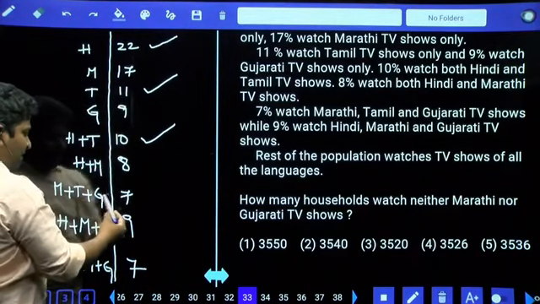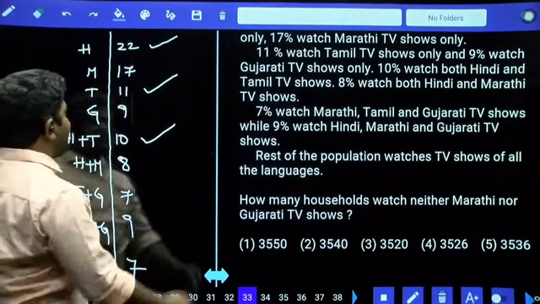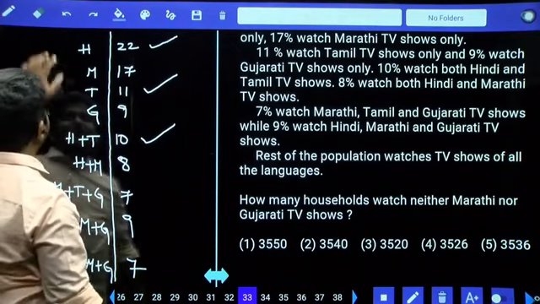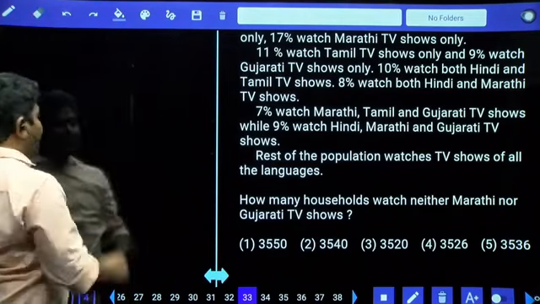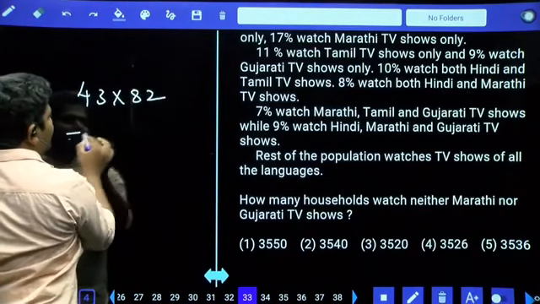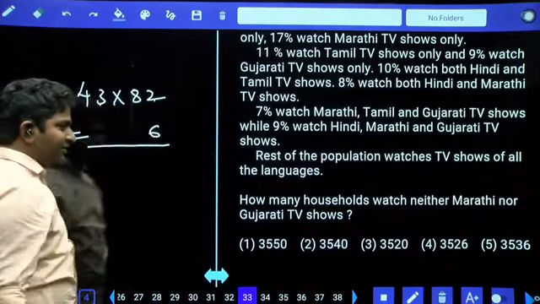So only these three we should consider. 22 plus 11, 33. 33 plus 10, 43. So now we have to calculate 43 percent. 43 into 82. 3 into 2 is equal to 6. Answer must end with 6.